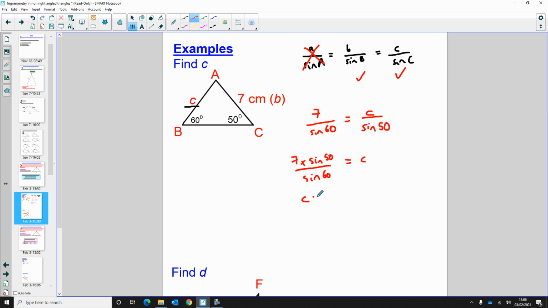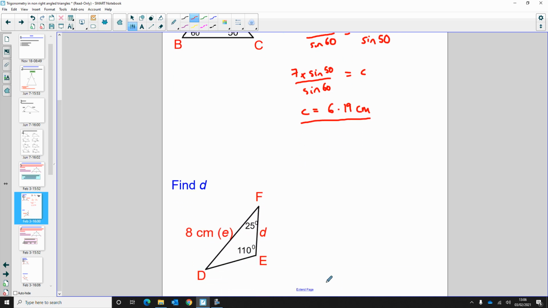At that point, we need to calculate it on our calculator. So 7 times sine 50, and then divided by sine 60. Make sure your calculator is set in the correct settings, in degrees. And what we get is 6.19 centimeters. So that is the value of the side c.